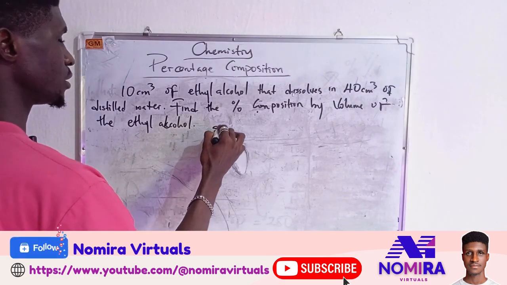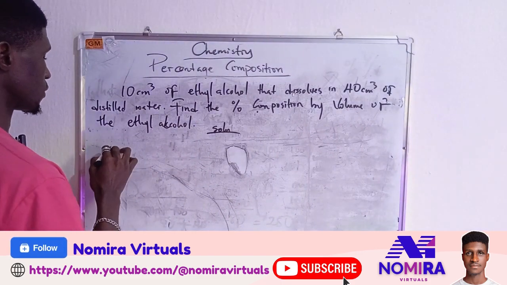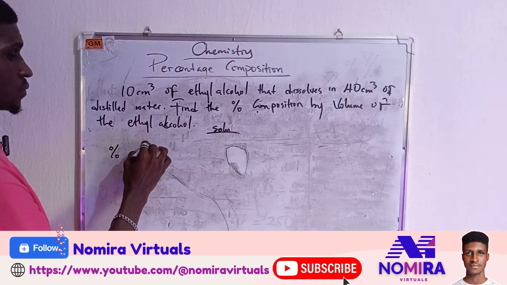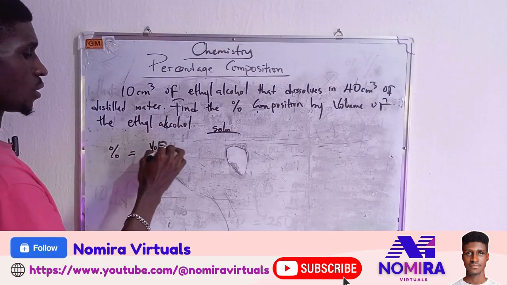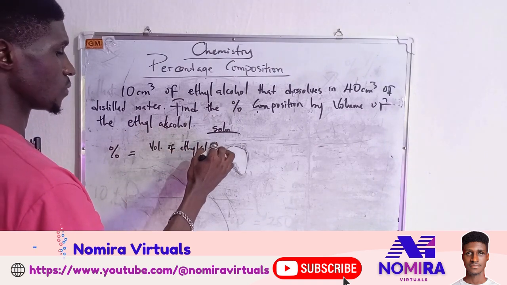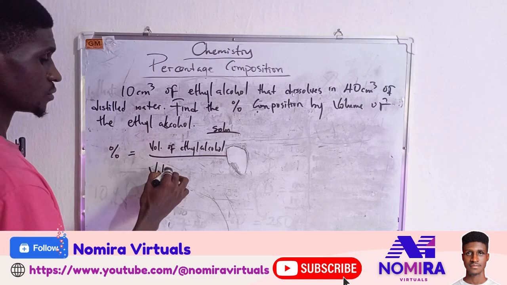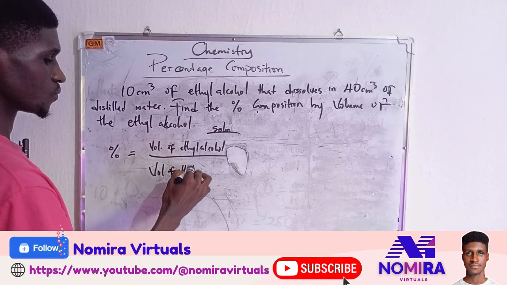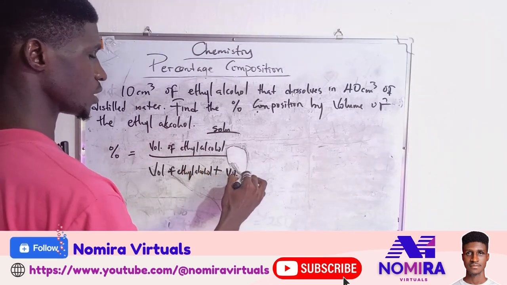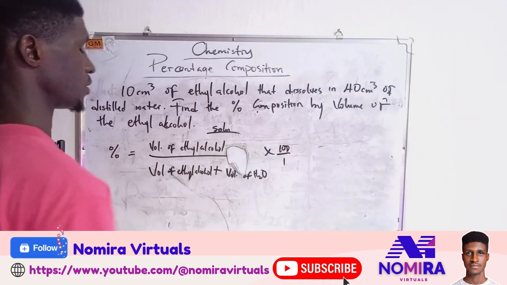What you are going to do here is not different from what we have been doing before. The percentage is going to be the volume of your ethyl alcohol over the same volume of ethyl alcohol plus the volume of water, times 100 over 1.